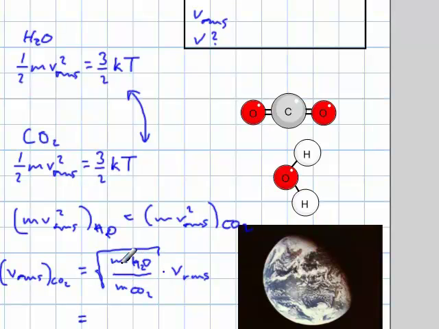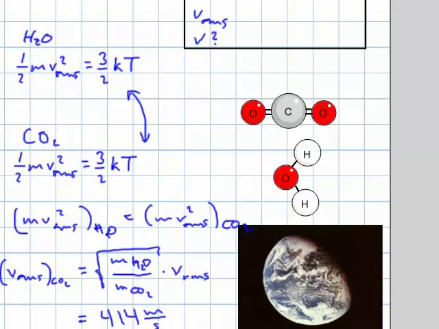So all I have to do is the square root of 18 divided by 44, and then I multiply that with the 648, and I come up with an average speed of 414 meters per second.